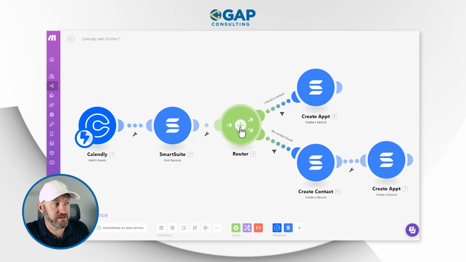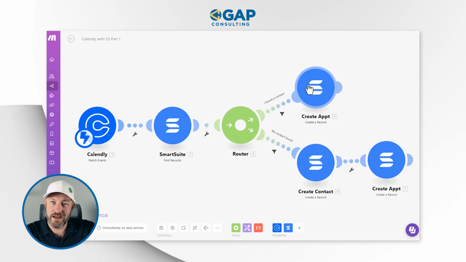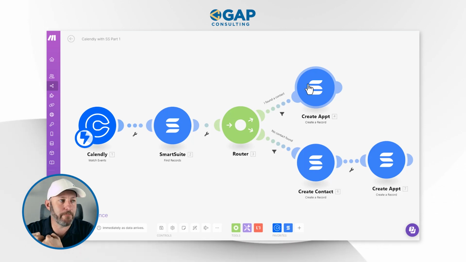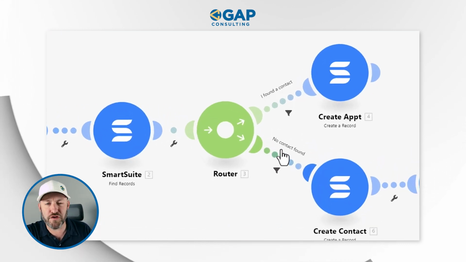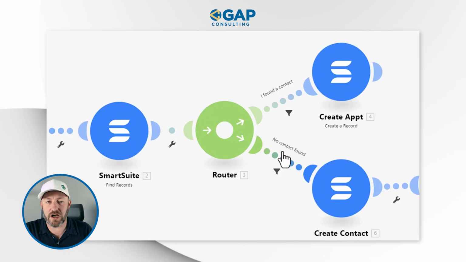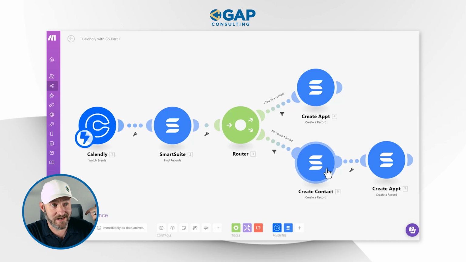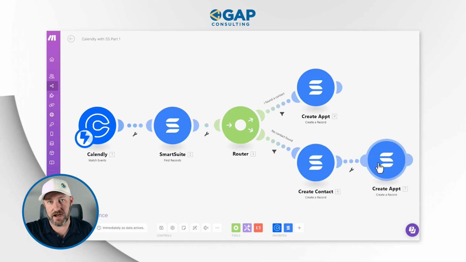So if we find them, we go up this way and we say, hey, I found the contact, so I'm going to now create the appointment inside of SmartSuite and link it to that person that I identified in this step. On the other hand, we might go the other direction where we don't find a contact, and then in that condition, we have to first create the contact and then create the appointment and link it to the contact, right?